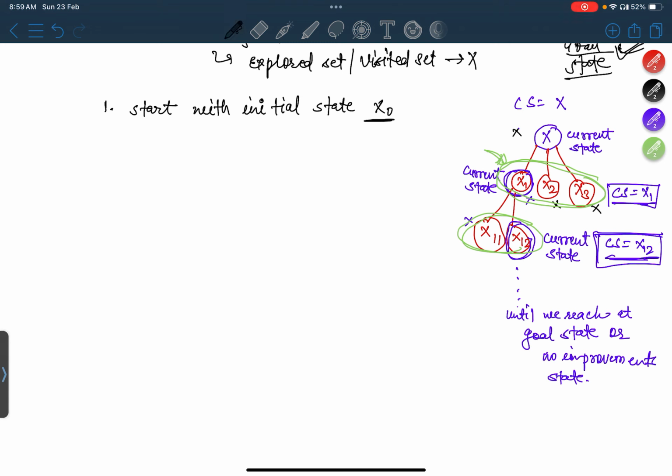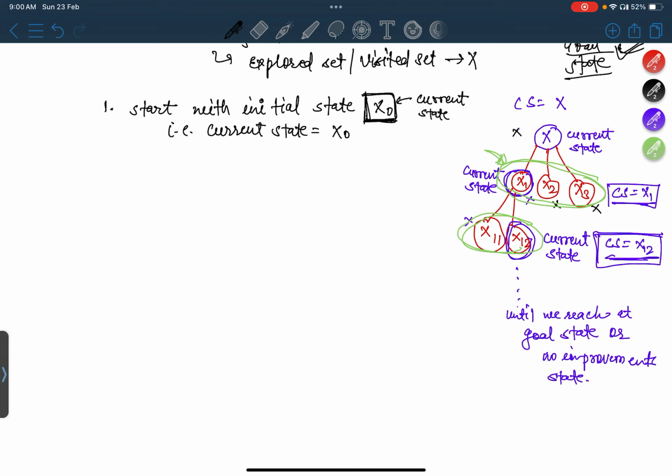So we'll start with the initial state x0. We'll set this as the current state, so initially this will be your current state. Current state equal to x0.